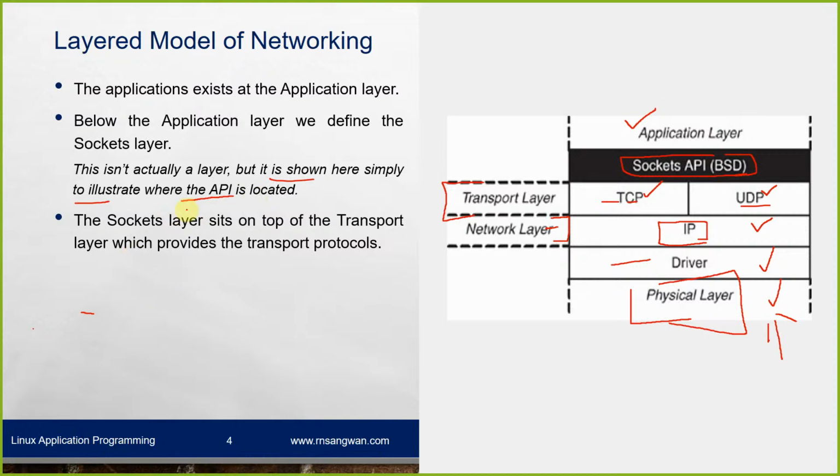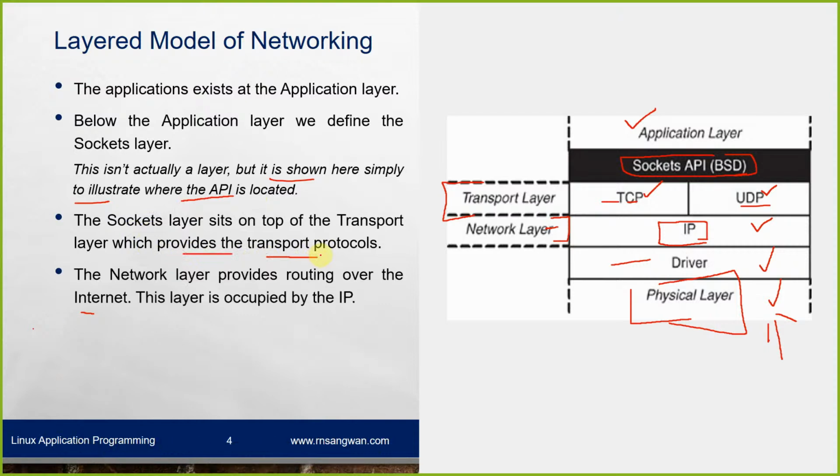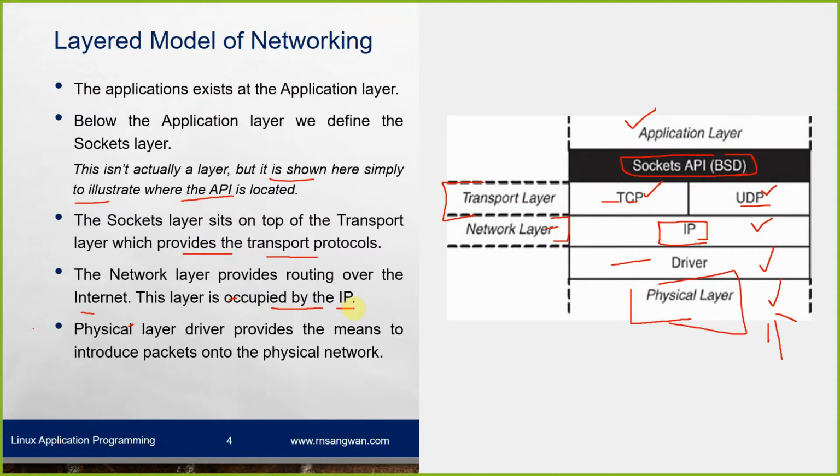The socket layer sits on top of the transport layer, which provides the transport protocols. The network layer provides routing over the network. This layer is occupied by the IP, Internet Protocol. The physical layer drivers provide the means to introduce packets into the physical network.